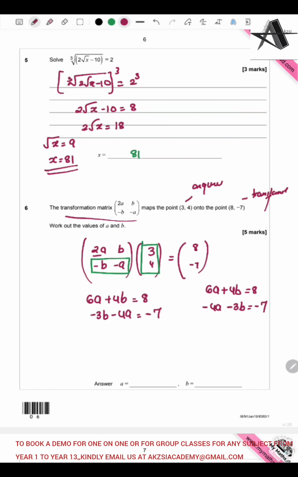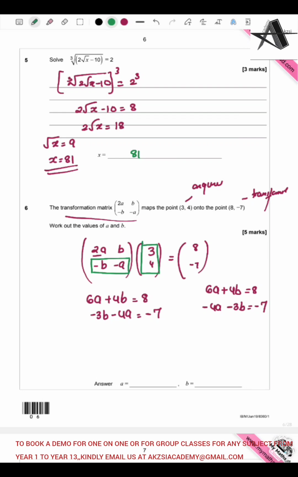Let me make the 4b the same. So here I need to find the LCM of the coefficients of b. That is how we do the elimination method. If you are aware of the elimination method, it's very good, and if you're not, let me explain it to you.